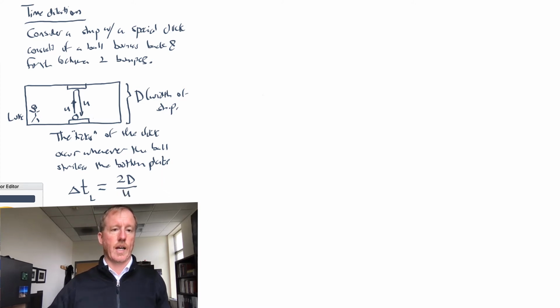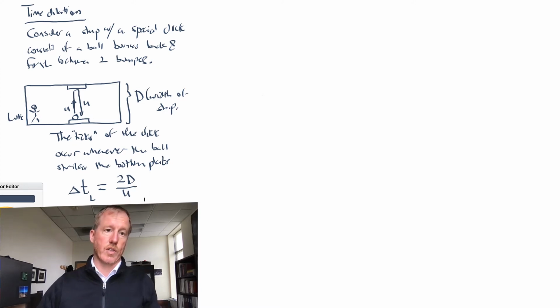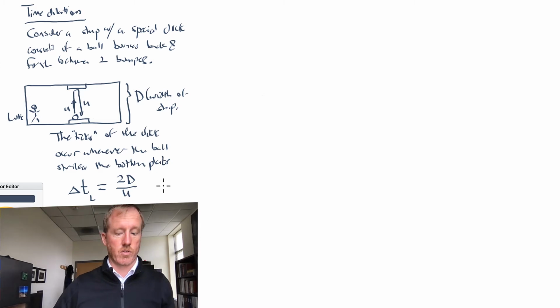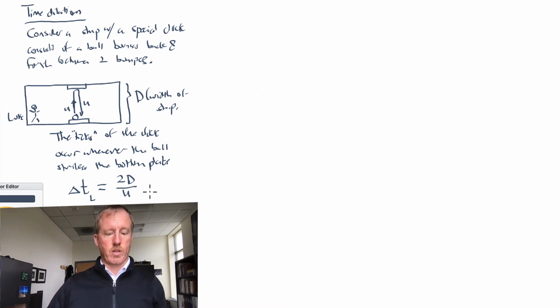If you rearrange this, the speed of the ball is the distance it moves over the time, and here I've just solved for the time between ticks in terms of the distance and the speed. So there's nothing controversial up until this point. This is the time interval between ticks of Luke's clock as measured by Luke.